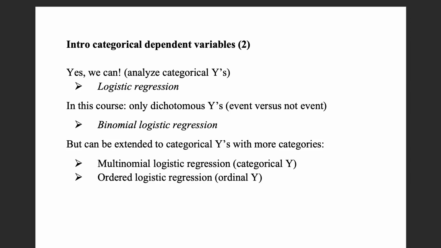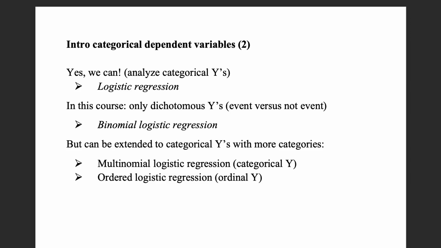So then you would have more than just two categories. And the great thing is logistic regression can even be extended further in different ways to deal with those situations as well. So if we're talking about categorical dependent variables with more than two categories, then we can use something called the multinomial logistic regression model.